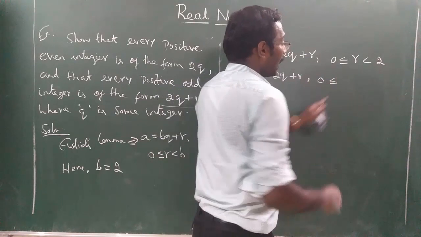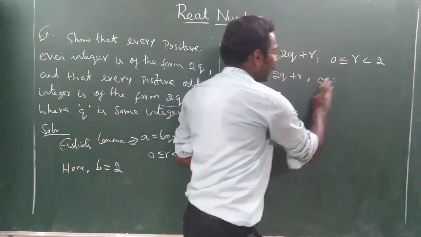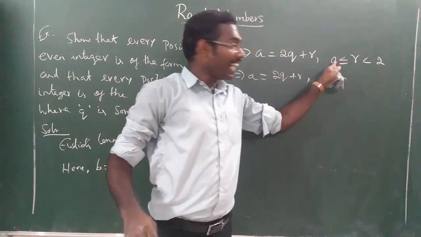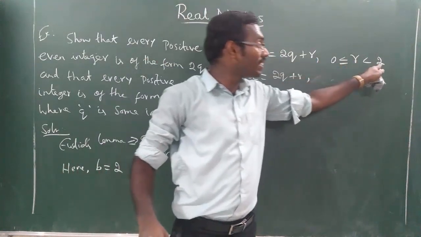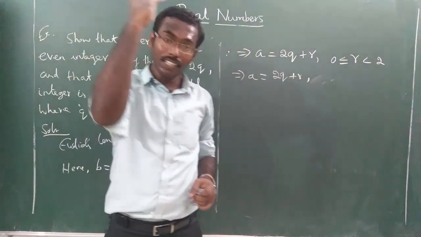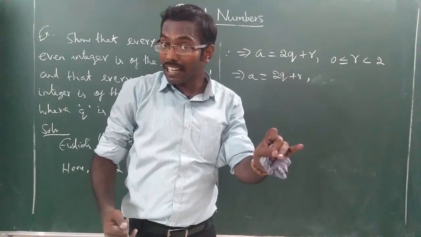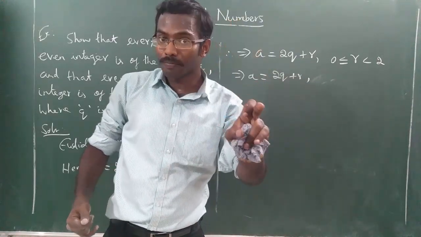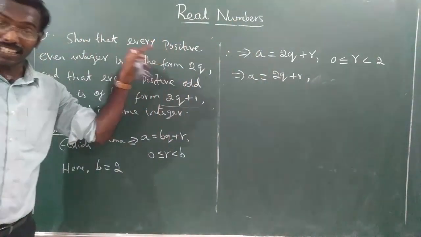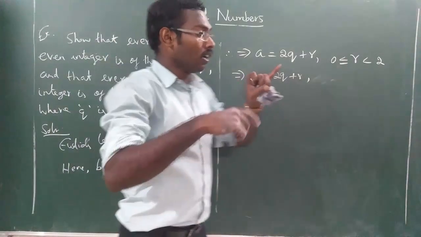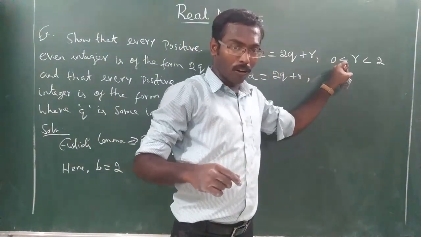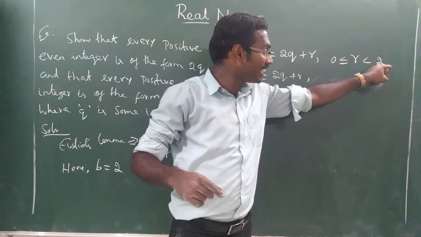r value is less than 2. See here, r value is greater than or equal to 0 but less than 2. That is, r value can be 0, it can be 1, but it cannot be 2. We are dealing with positive integers. Understood or not? r value can be equal to 0, can be 1, but it is less than 2.